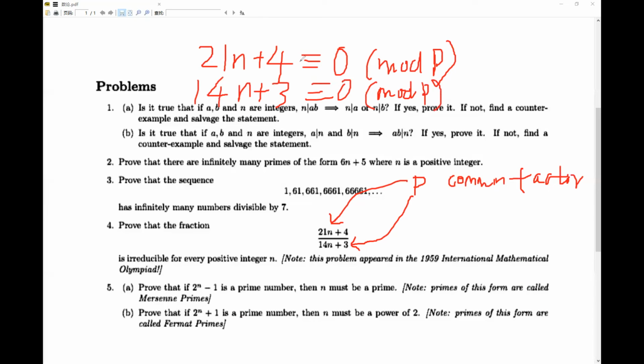And also we have a rule. Multiplying both sides by the same number is unchanged. So say, for example, 6 modulo 3. It has the remainder 0, and so does 6.